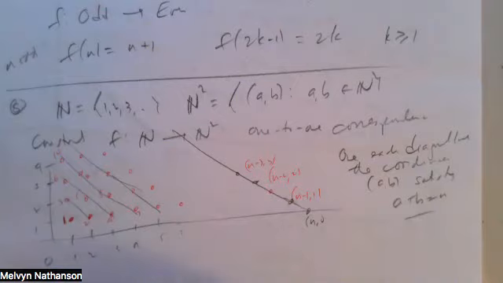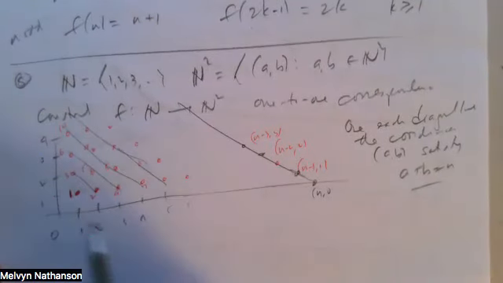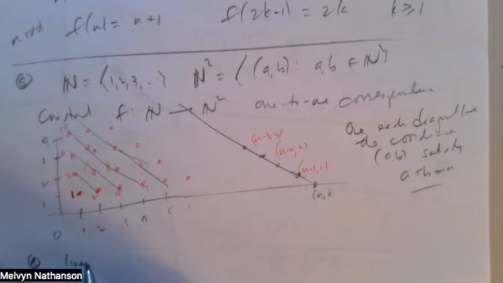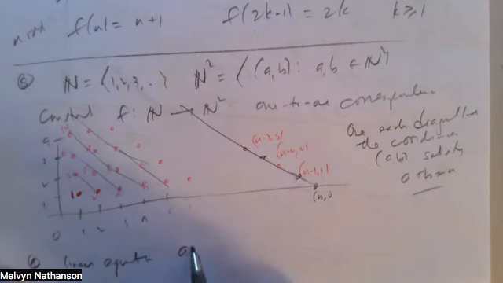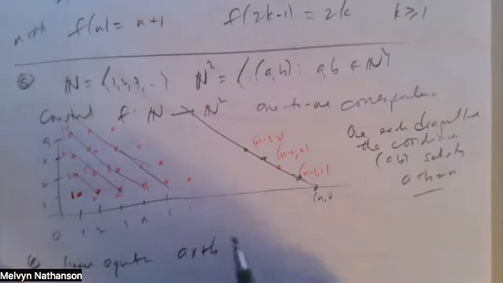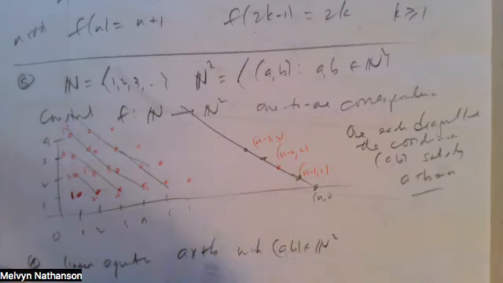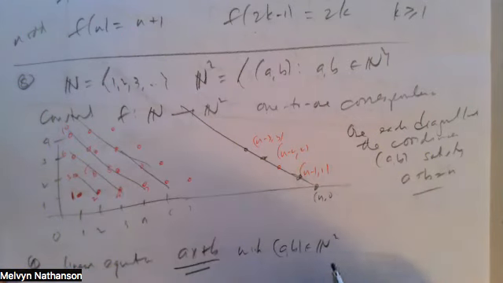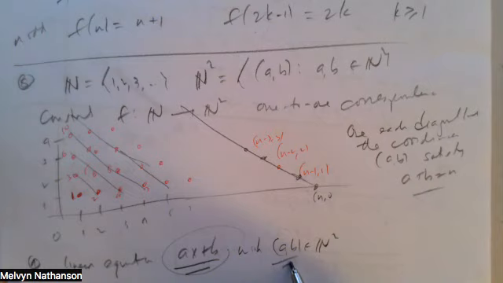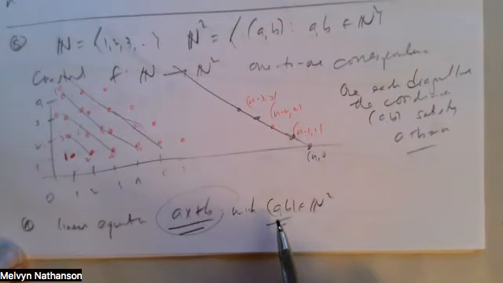Oh, and then problem 9 says to look at the linear equations ax plus b with (a, b) in N squared. So the number of these expressions is just the number of ordered pairs (a, b) with a and b positive integers.